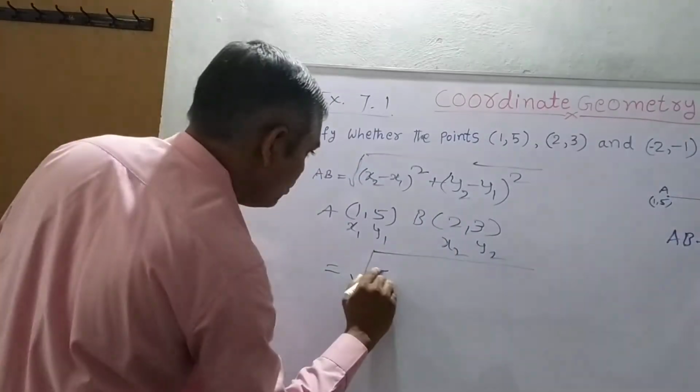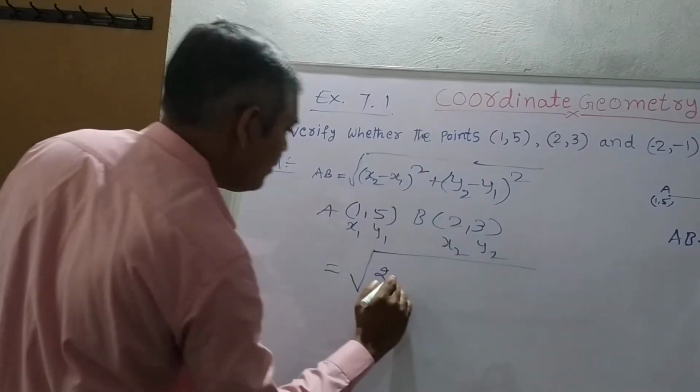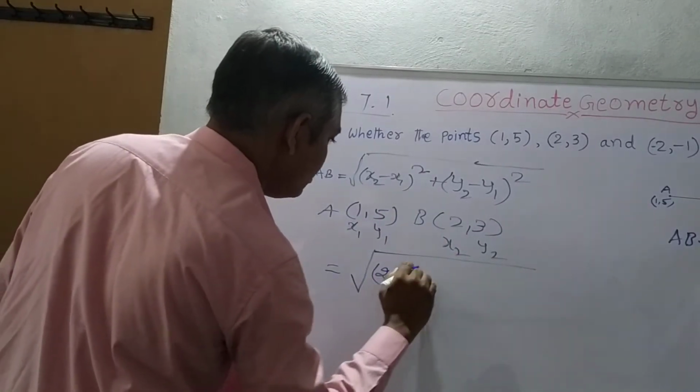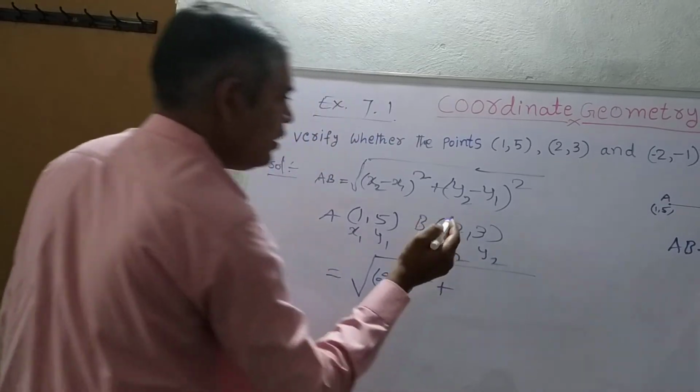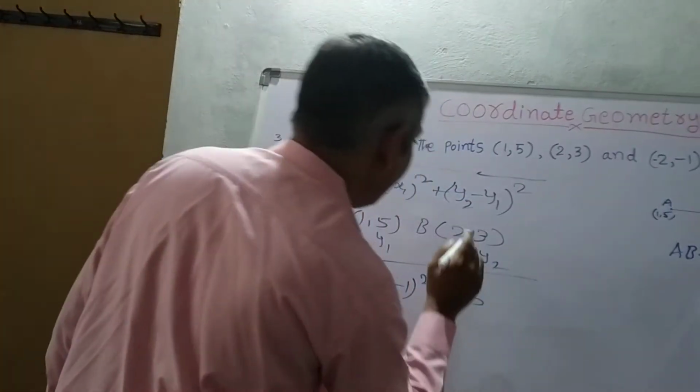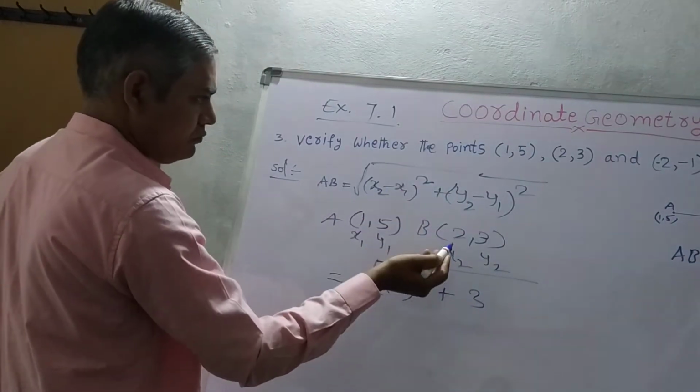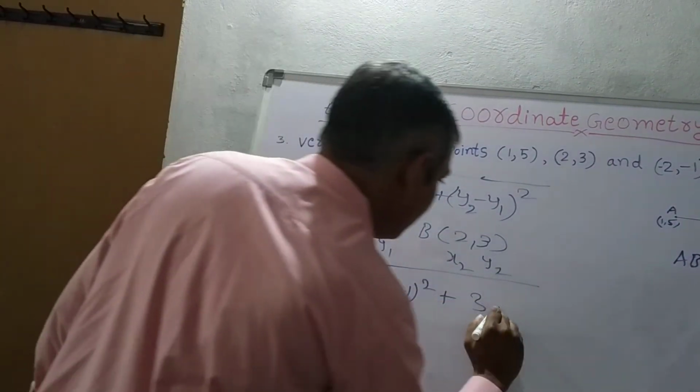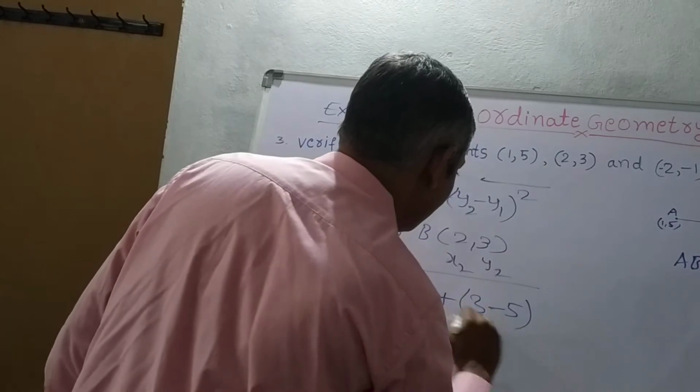Under root x2 minus x1: x2 means 2 minus x1 means 1, whole square, plus y2 minus y1: y2 means 3 minus y1 means 5, whole square.